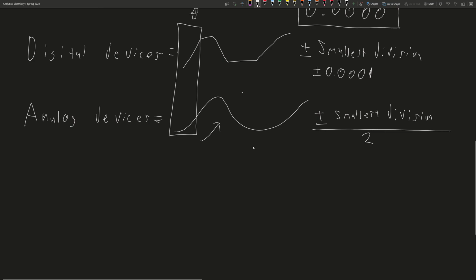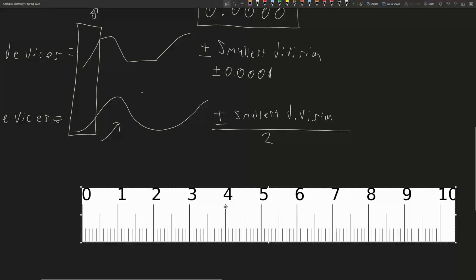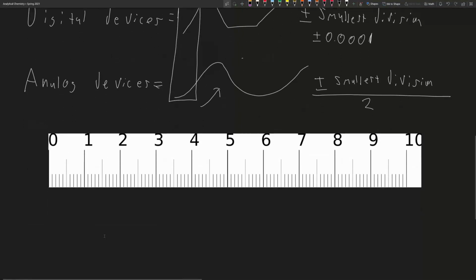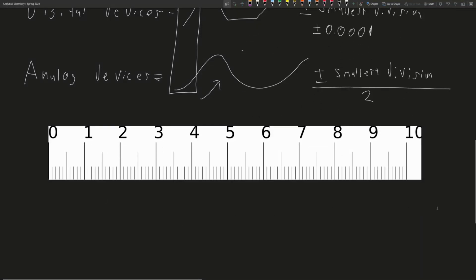Let's say we had a thermometer. I have a picture. A ruler here. I would prefer a volumetric device, but this is suitable.